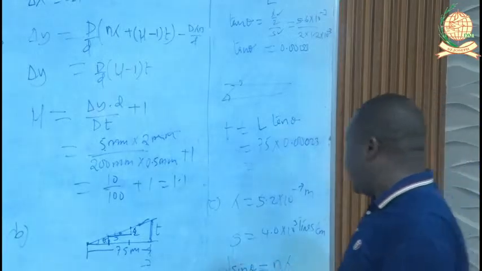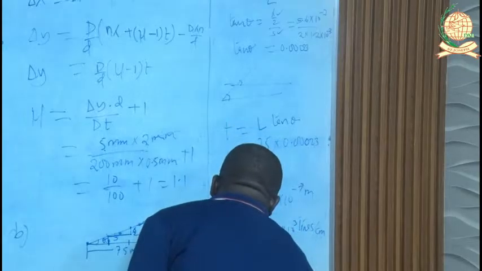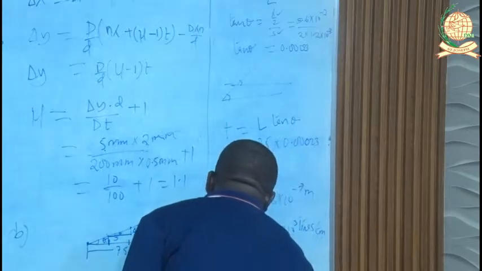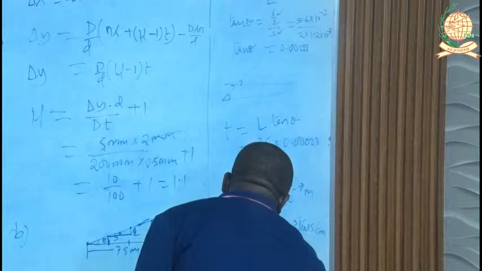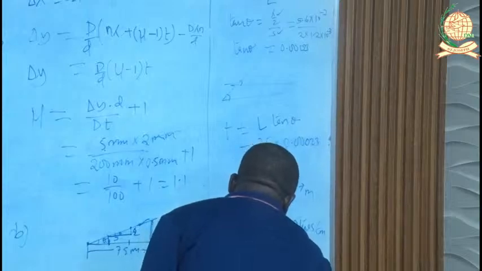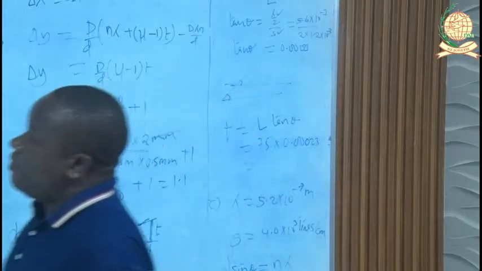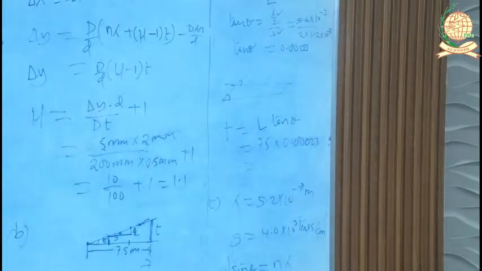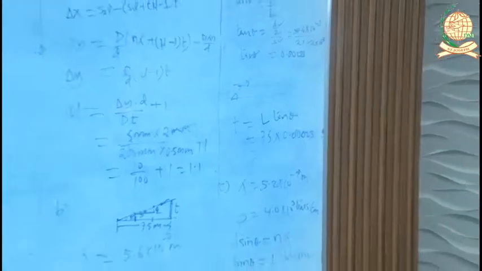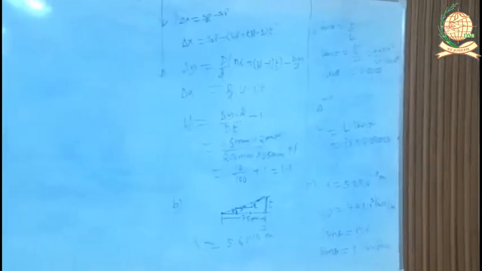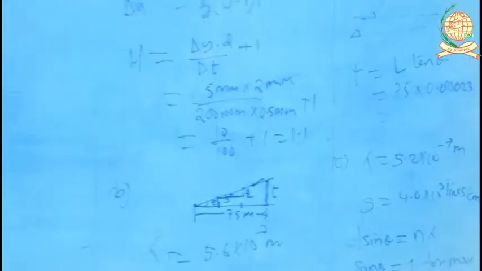And we know that sine of angle is maximum when it is equal to 1. Therefore, d equals n lambda. So n is equal to d divided by lambda.